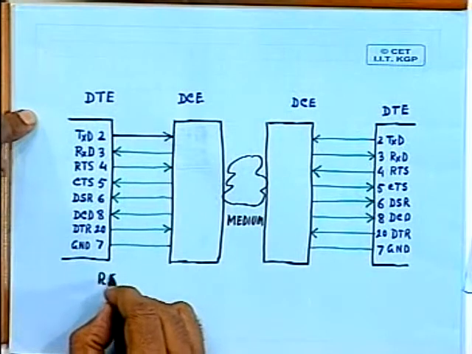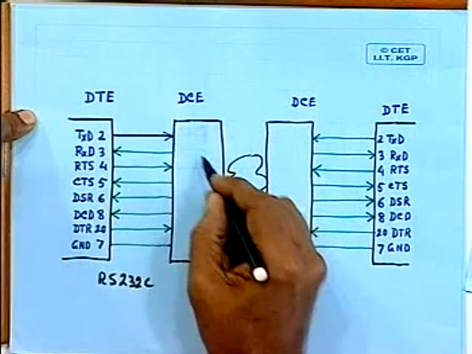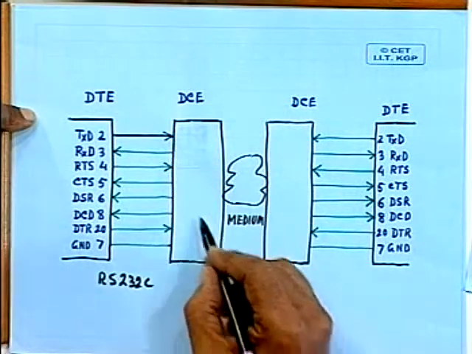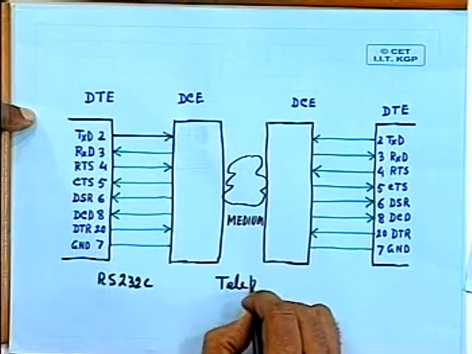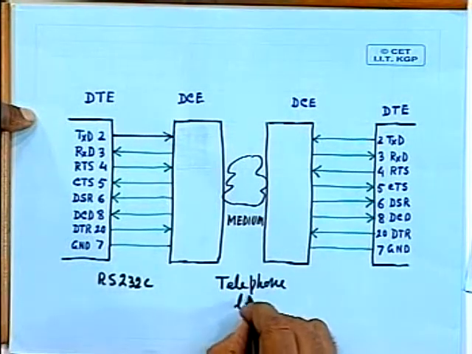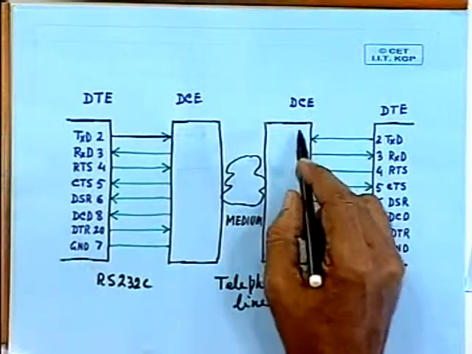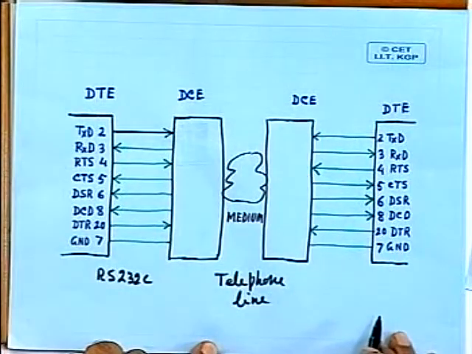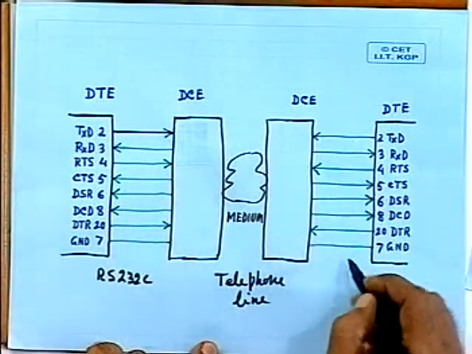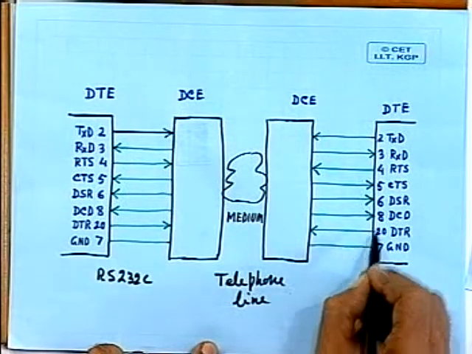Here you can use RS-232C to connect to a DCE, and the DCE is connected to the medium or the telephone line, and the other side of the telephone line is connected to another modem or DCE, data communication equipment, and then the other side of the DCE is connected to DTE.